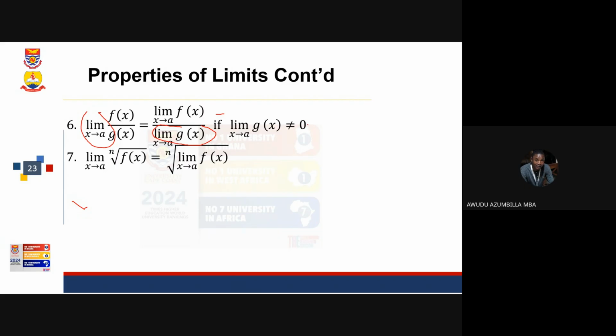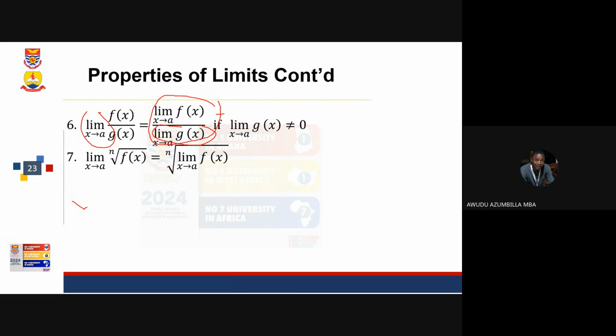If it is equal to 0, then this function becomes nonexistent. It won't exist because we are dividing a number by 0. Even the machine will give you what? Undefined. So we take note of that.